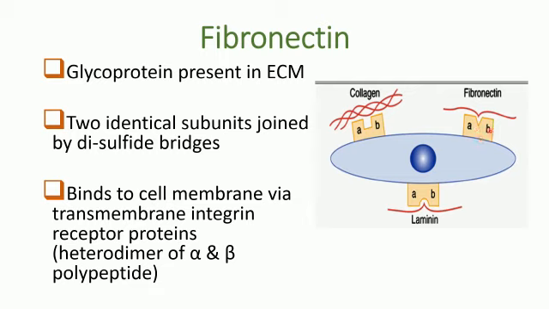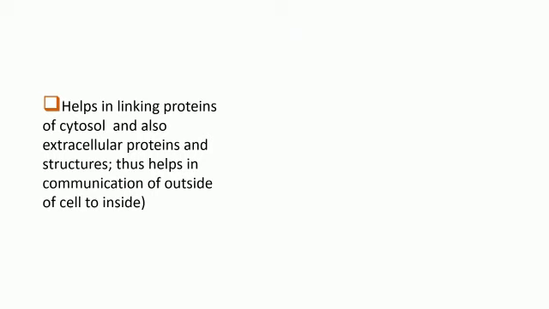So A and B actually are the alpha and beta subunits, and to this receptor this ECM protein, fibronectin, binds. And these are the two identical subunits that are joined by a disulfide bond. We will see it better in the next picture. Some other extracellular matrix proteins like collagen and laminin also bind to this integrin receptor, but that's beside the point. So this is what you can see about fibronectin.